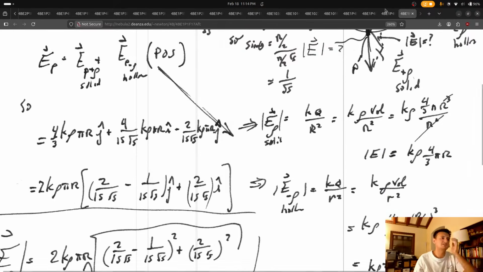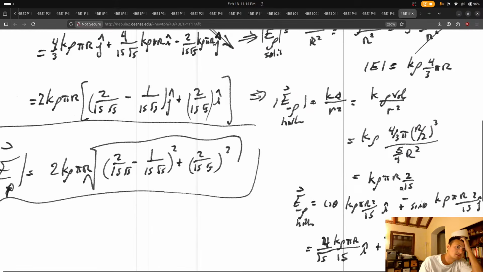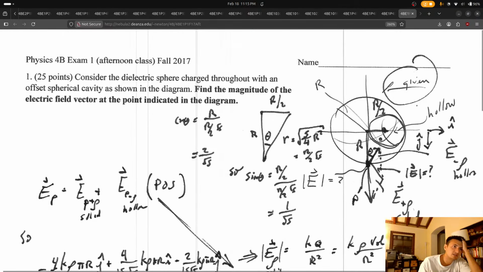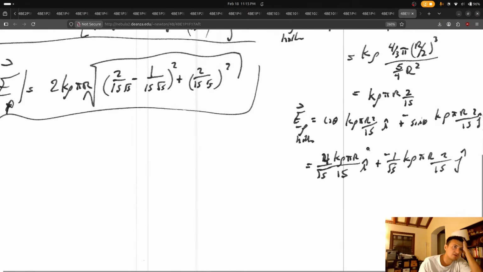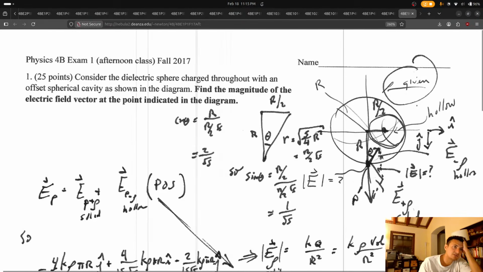Okay, so the magnitude of the solid's easy. This one's also fine. When they're both on the outside, it's not that bad. But then, okay, this is the magnitude, but then he has to do the cos i for this part, and the sine i, which is going to point in j hat. So wait, hold on.